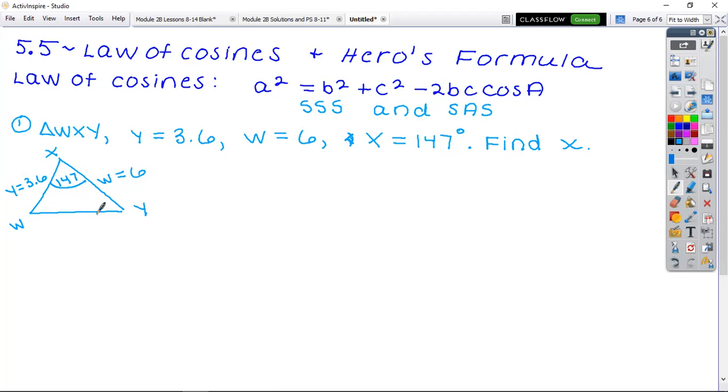You guys see how this one's different? You don't have a double copy of like a W or a Y, so law of sines won't work here. So look at your geometric relationships. Do you have side, side, side, side angle side? Which one do you have? Side angle side. Yep. So anytime you have this, again, this is going to lead you to law of cosines.